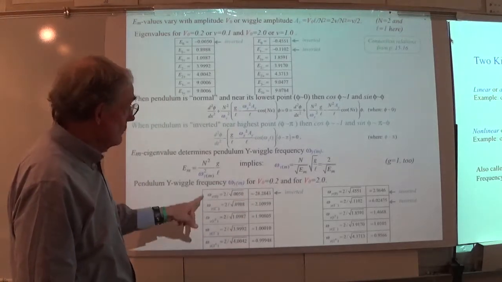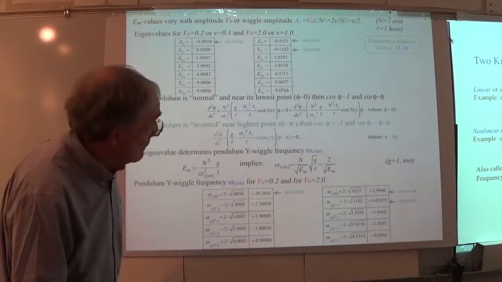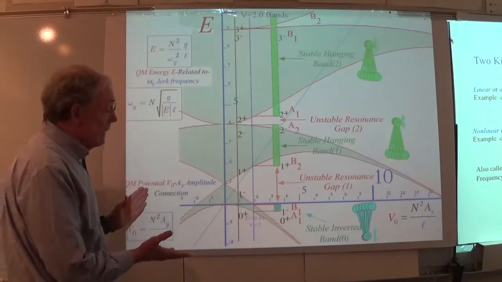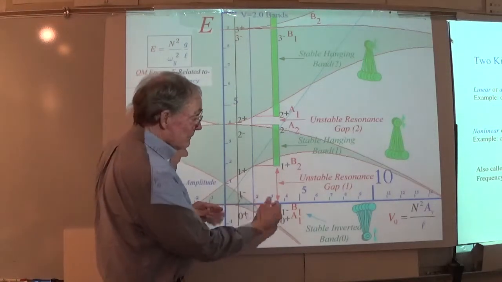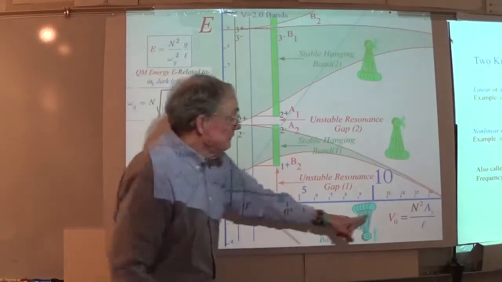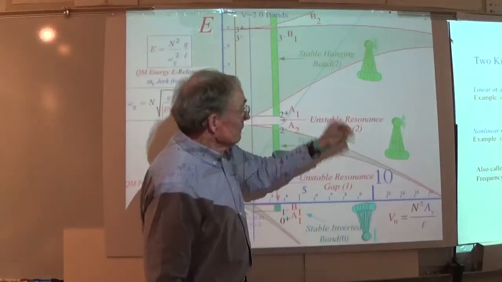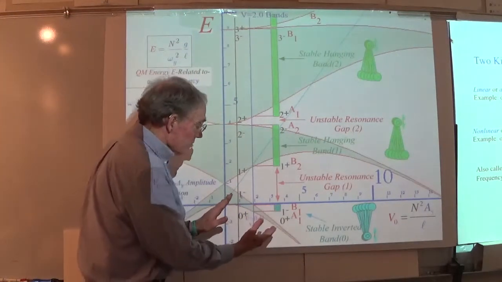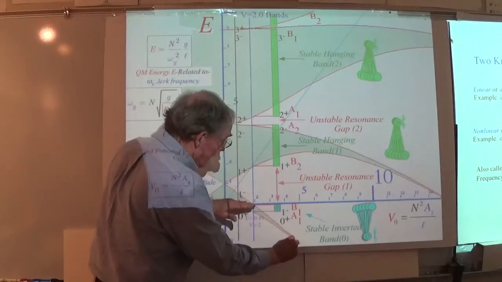So I won't talk about those too much right now, but I will go ahead and just show you what the eigenvalues look like, okay? And the idea is that as you crank up the value of the V0, which is proportional to the acceleration that's jerking this pendulum up and down, you start to notice that the bands, this one drops below the axis.